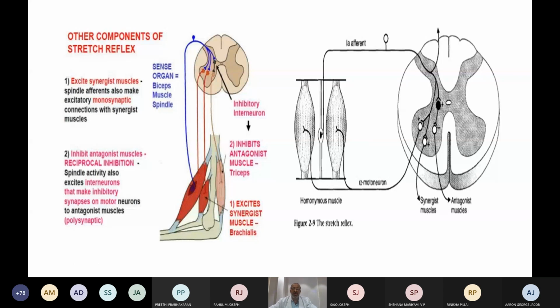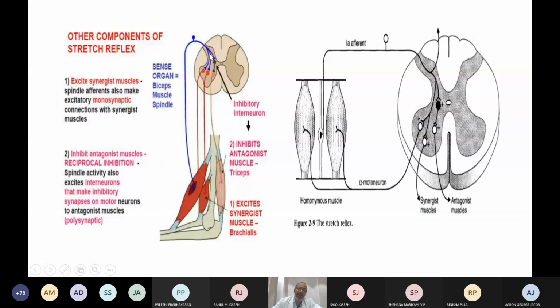So this is something called reciprocal inhibition. What is happening at the point of stimulating the tendon? Say you are striking the tendon of the biceps. Tendon of the biceps is being stretched. It is going to stretch the biceps muscle. As a result, the muscle spindle is stimulated and information is carried through the sensory nerve to the spinal cord.